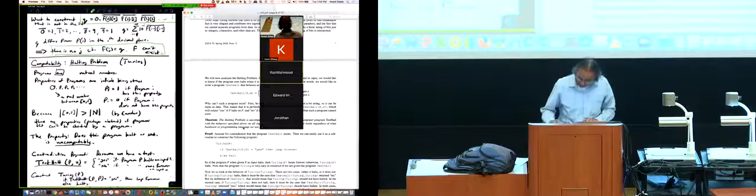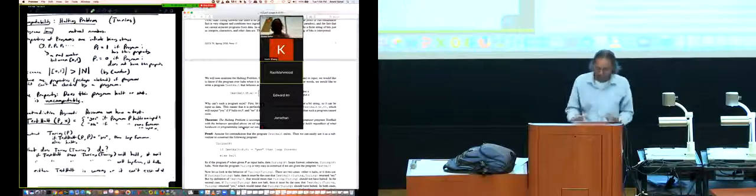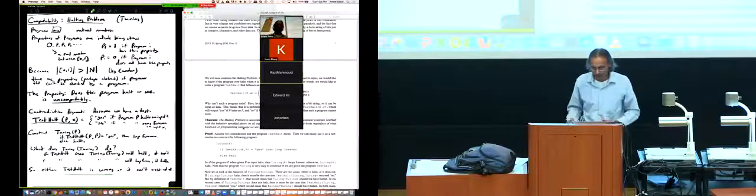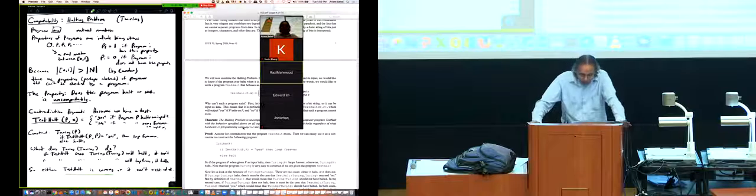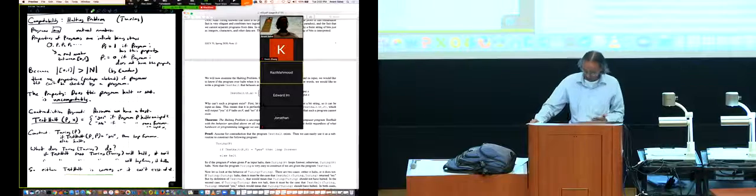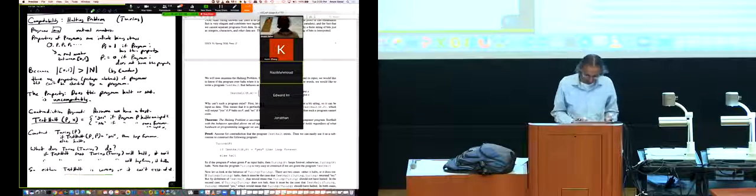It's the same exact argument. These are called diagonalization style arguments, proofs by contradiction that say something can't exist. You assume it exists, and you claim to be exhaustive, you claim to be able to do everything, but I will construct something using you that you can't do. In this case, test halt is used to construct Turing that test halt can't check.